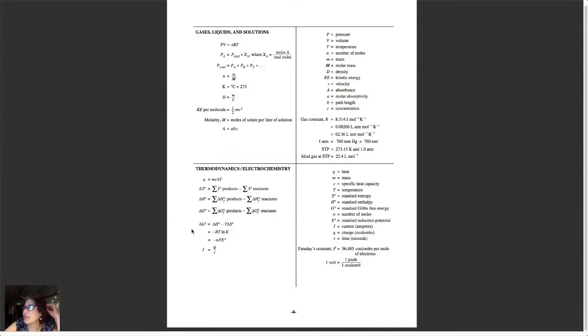So a reaction would be spontaneous if the delta G is negative, and it would be spontaneous if the delta S is positive. They're going to give you different values of G and S at a certain temperature, and maybe H, enthalpy, as well.